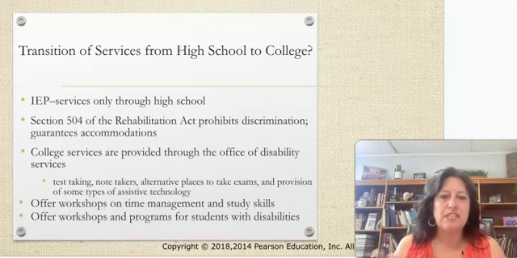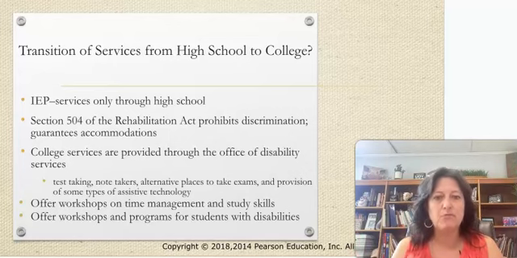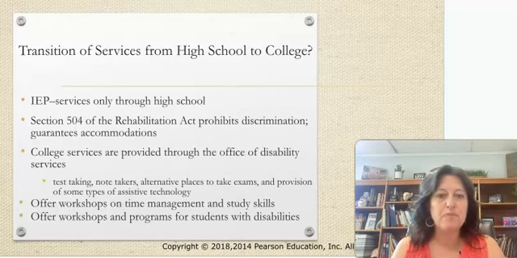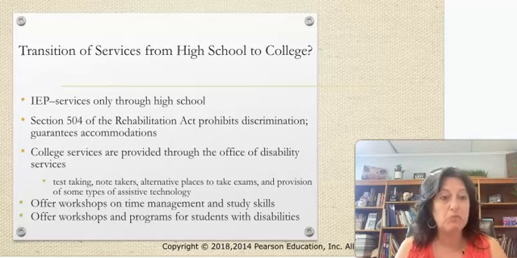So how do kids transition from high school to college? Well, most of these kids are going to have IEPs throughout high school. However, Section 504, that Rehabilitation Act, prohibits discrimination and guarantees accommodations throughout life, not just in school. So college services are provided through the Office of Disability, which aligns with Section 504.